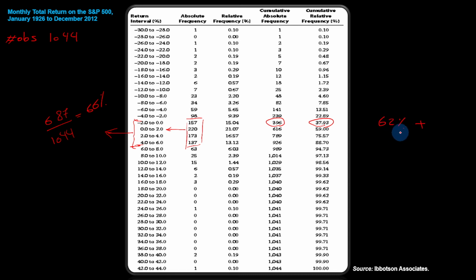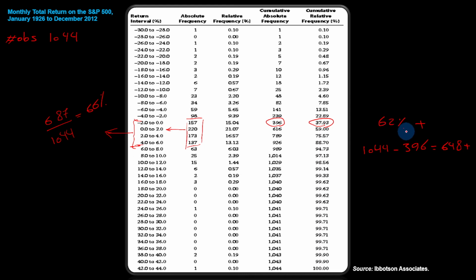Now, if I wanted to know it in the cumulative frequency form, that will be 1044 minus the negative ones, 396, which gives me 648. 648 of them are positive, which translates to 62% of them.